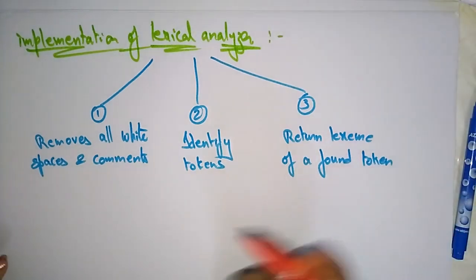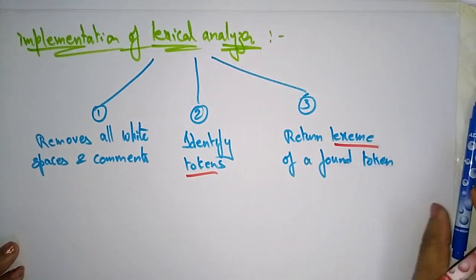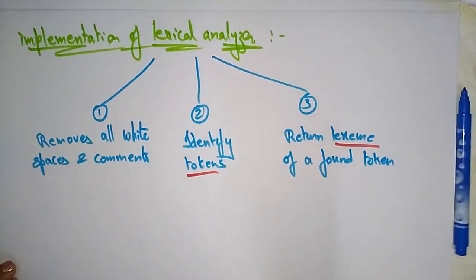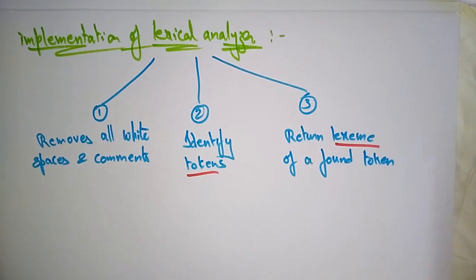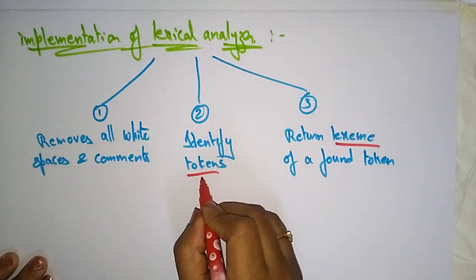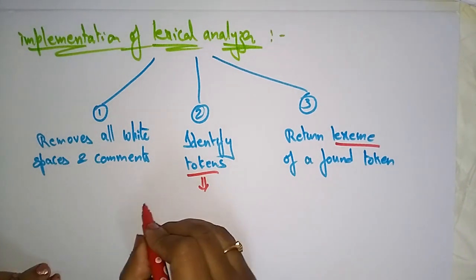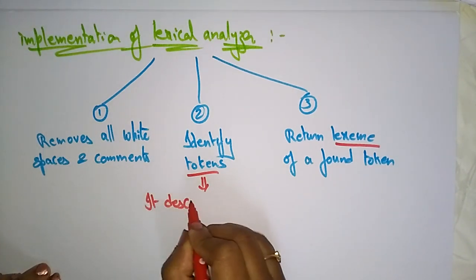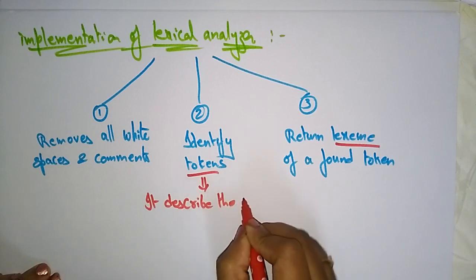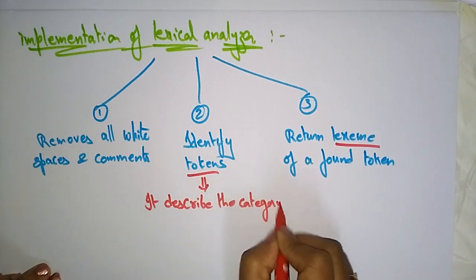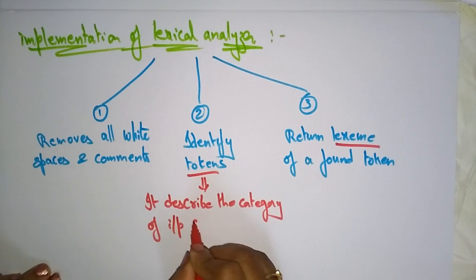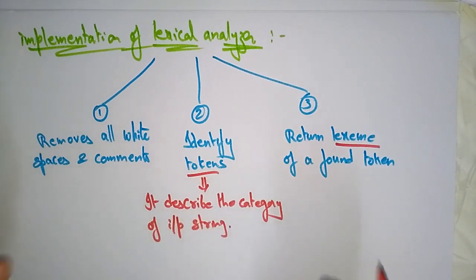Now let me explain what tokens and lexemes are. If you understand exactly what tokens and lexemes are, then you will know how the source code is converted into tokens. A token describes the category of input strings. What does that mean?